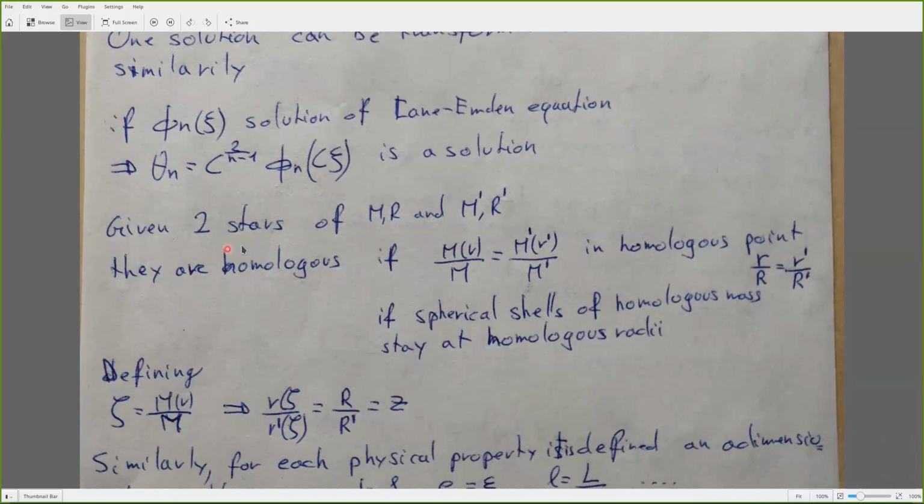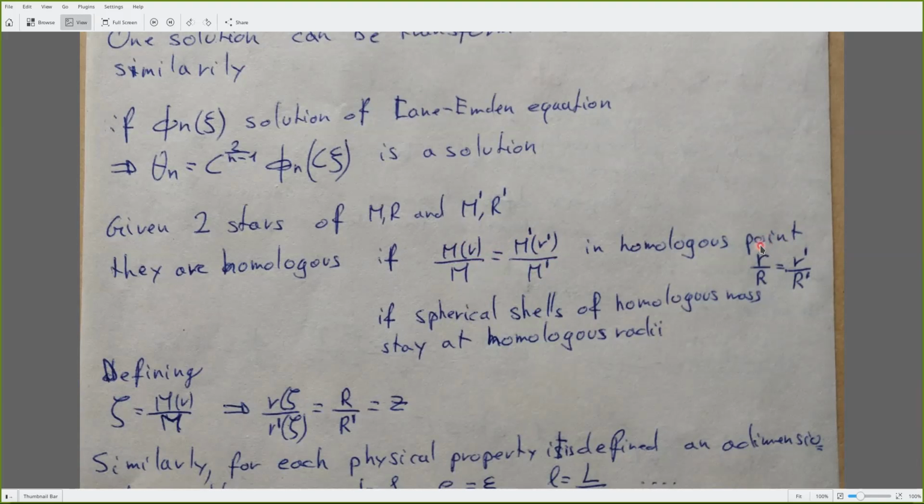So also given two stars, each one with his mass and with his radius, we can say they are homologous if the ratio among the mass inside a certain radius and the total mass is equal to the ratio corresponding to the mass inside the certain radius R prime and its total mass.